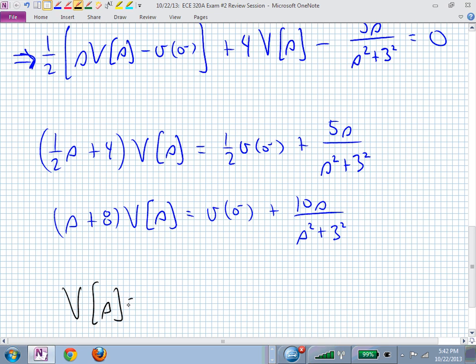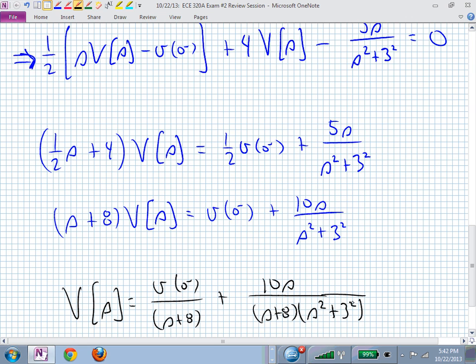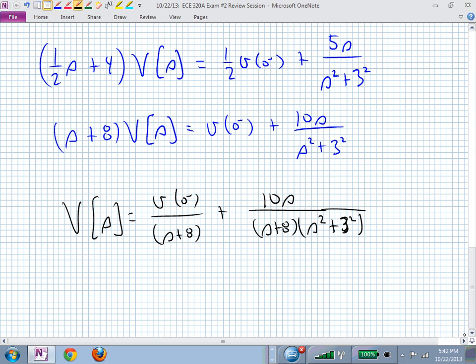V of s now becomes v of 0 minus over s plus 8, plus 10s over s plus 8 times s squared plus 3 squared. Questions on that? Is everybody comfortable with where that came from?